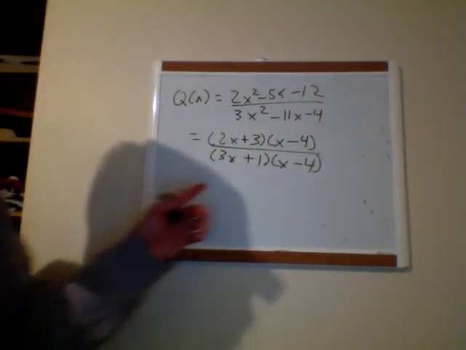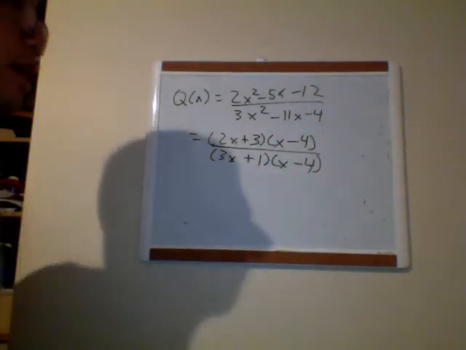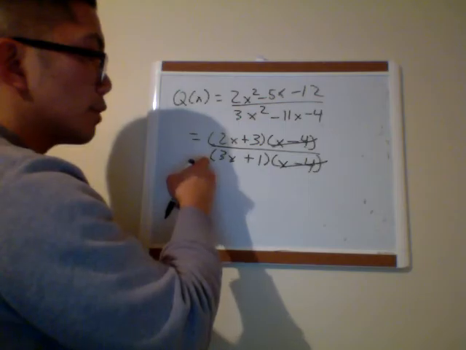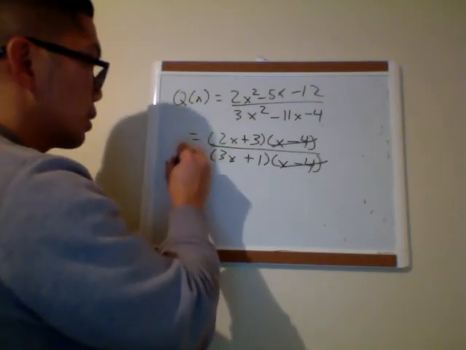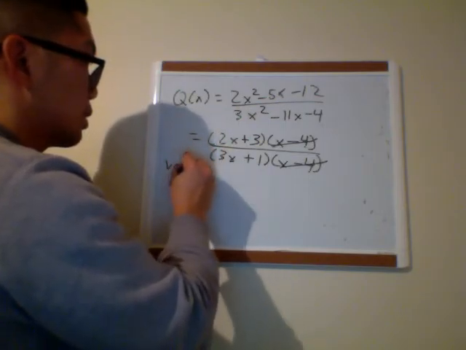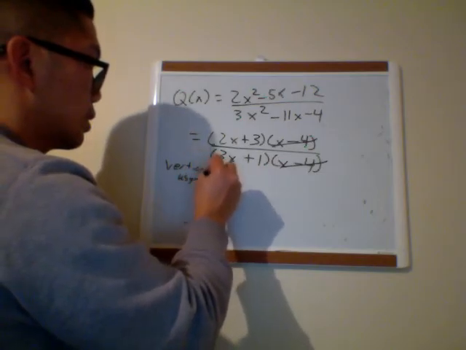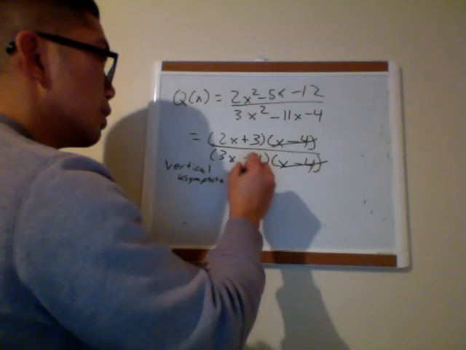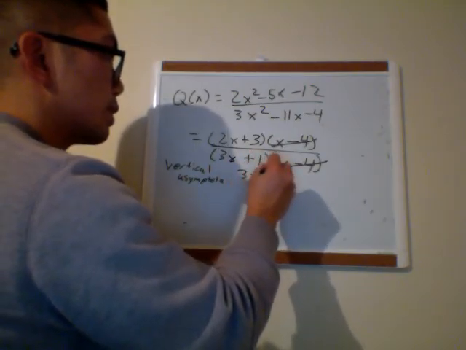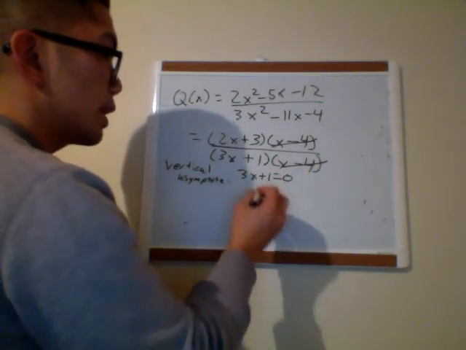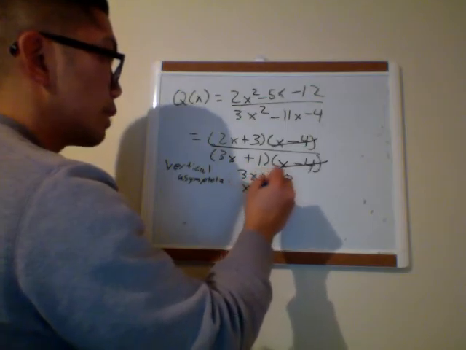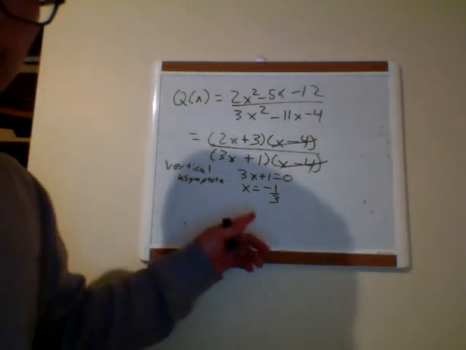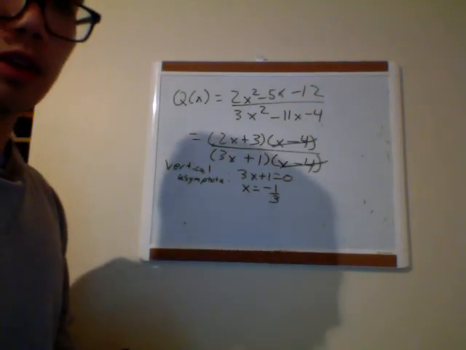Now, if you look here, my x minus 4's cancel out. And so what I'm left with is the vertical asymptote. What I do is I set 3x plus 1 equal to 0. I solve for x, and I get x equal to negative 1/3. So my vertical asymptote is the line x is equal to negative 1/3.